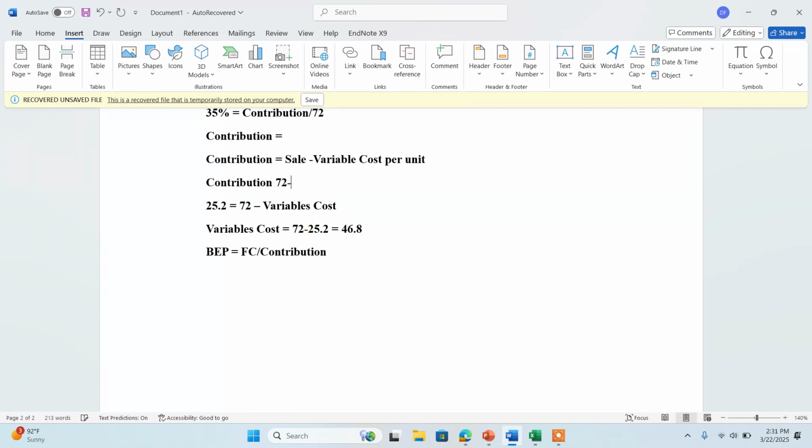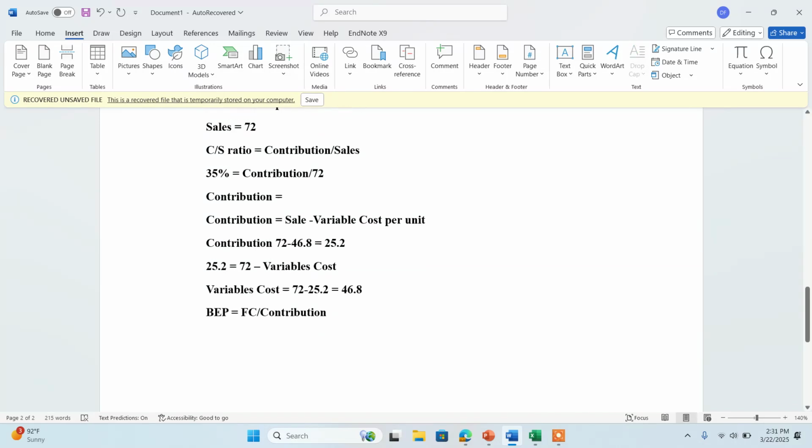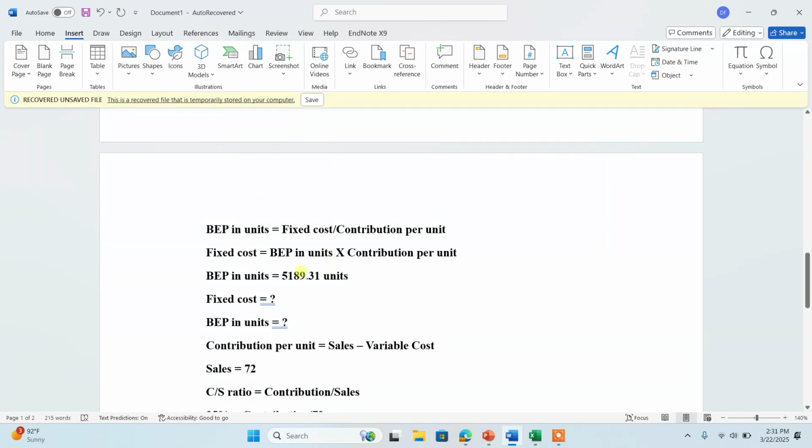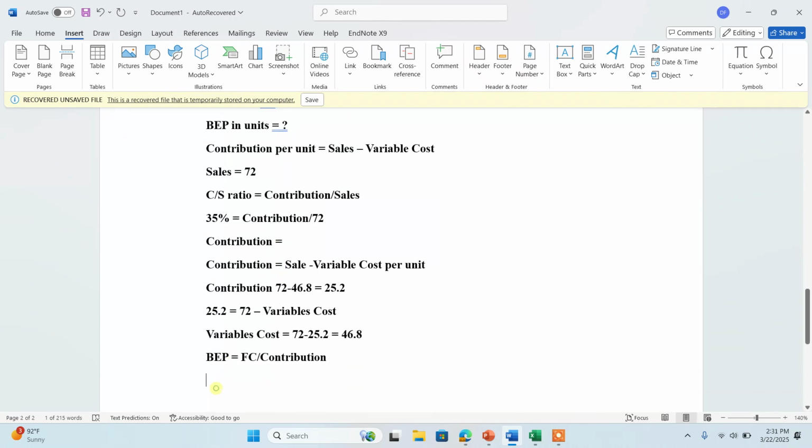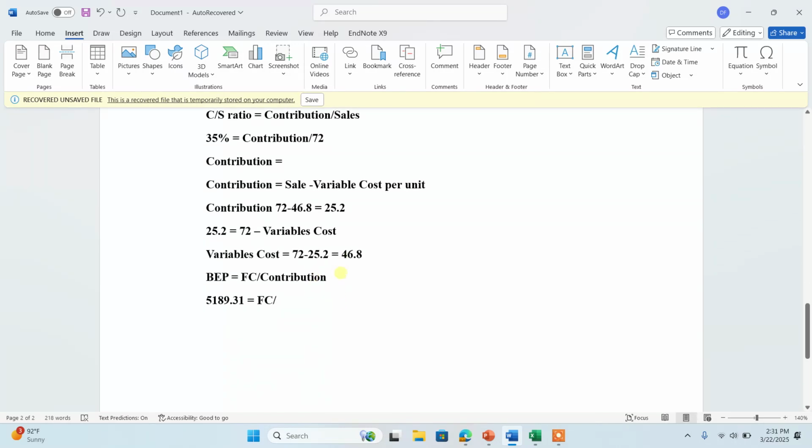Sale is 72, variable cost is 46.8. So it means that 25.2 is my contribution. No matter, you can do the reshuffling. The break even point is given. Fixed cost is not known to me, divided by the contribution.